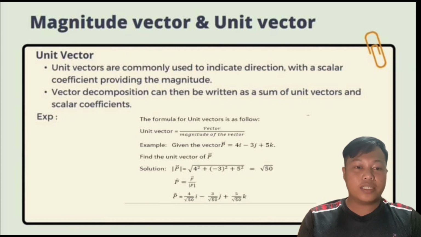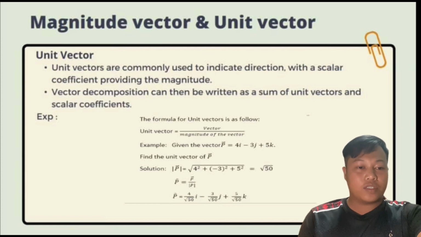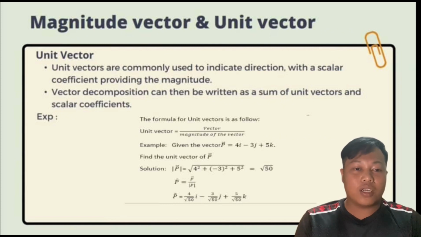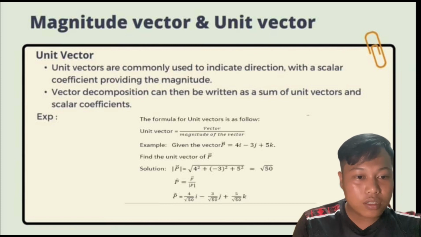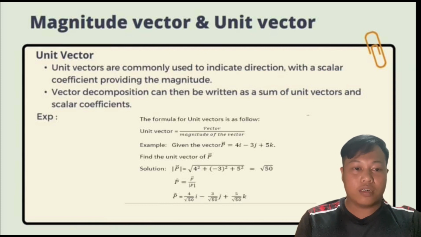Vector decomposition can then be written as a sum of unit vectors and scalar coefficients. So here we have an example. The formula of the unit vector is as follows. Unit vector equals the vector divided by the magnitude of the vector.